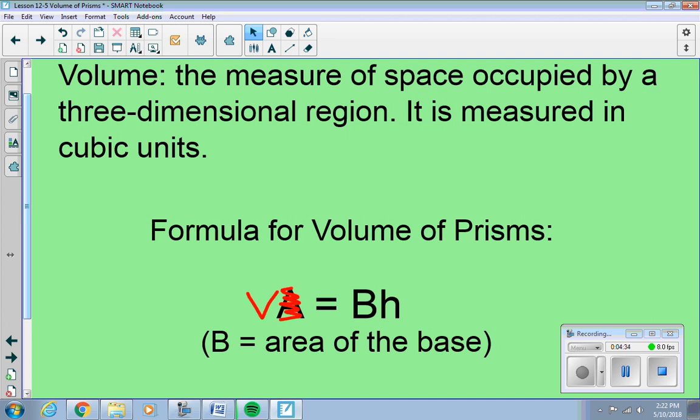The formula is always big B times H. Make sure you have the big B, because that's important. Don't make it a little b. And the big B means something. It's the area of the base.